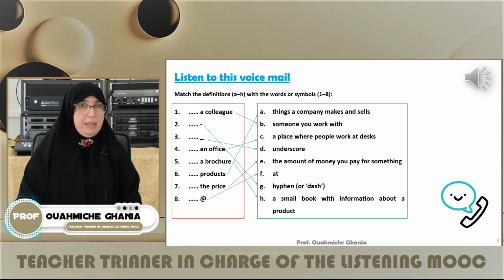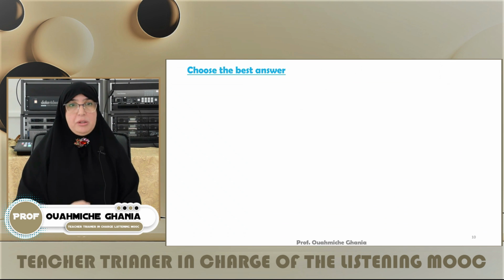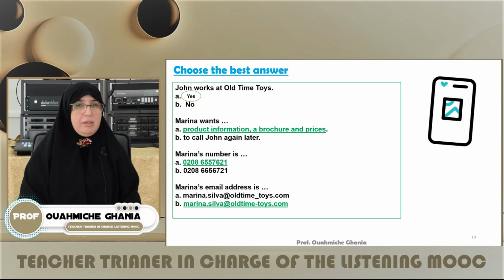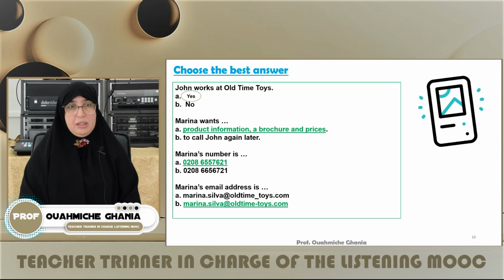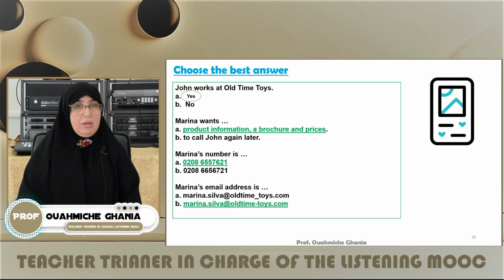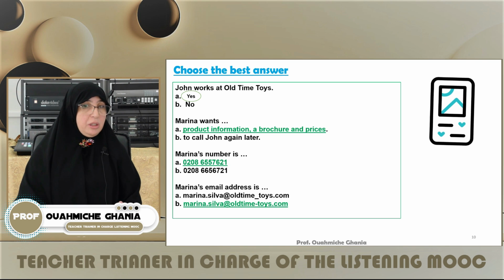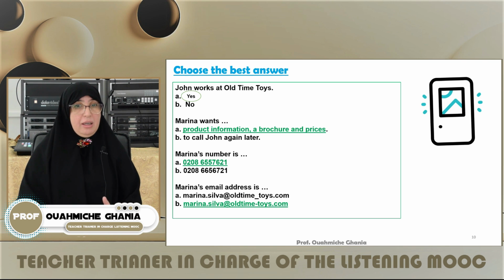Another activity is based on choices, so choose the best answer. You have a number of questions on the basis of the last audio. John works at Old Time Toys. You have two choices, yes or no. Marina wants product information, a brochure and prices, or she wants to call John again later.